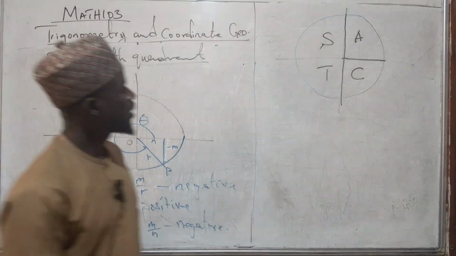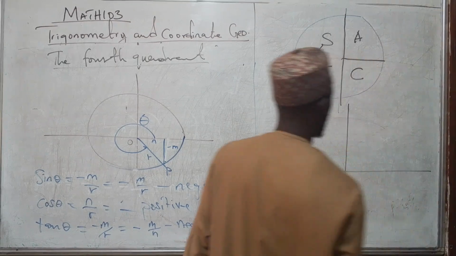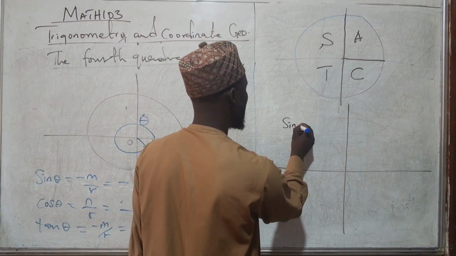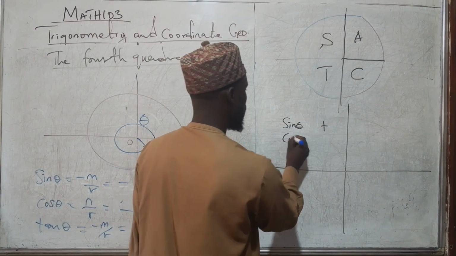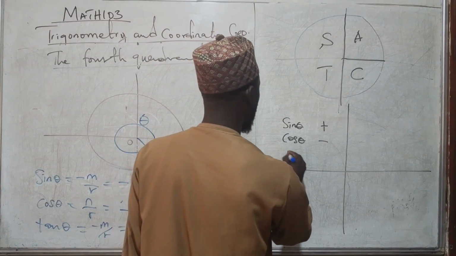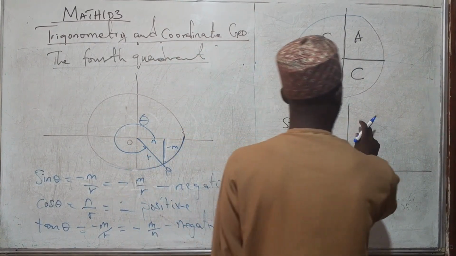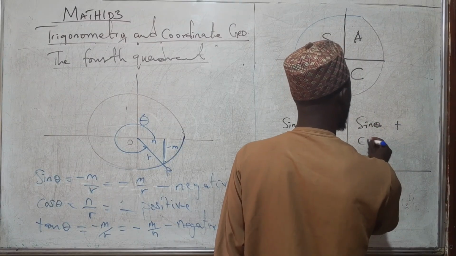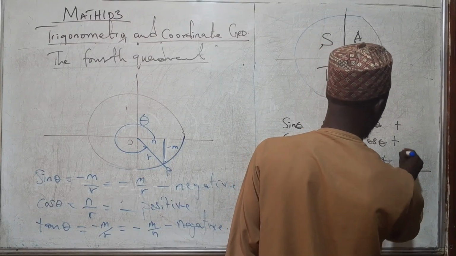So that if we have the four quadrants, in the second quadrant sine theta is always positive, cos theta is negative, and tan theta is negative. In the first quadrant, sine theta is positive, cos theta is positive, and tan theta is positive.